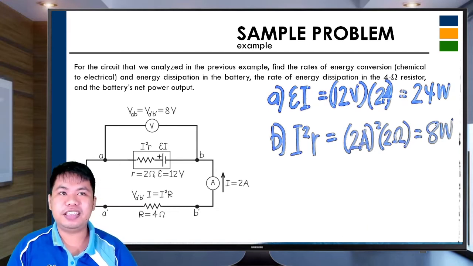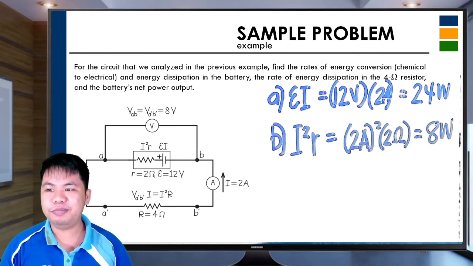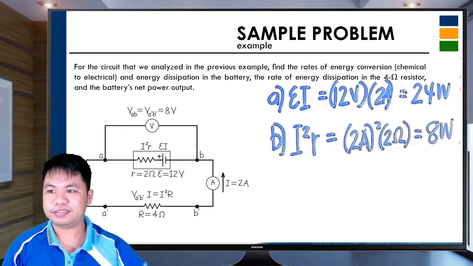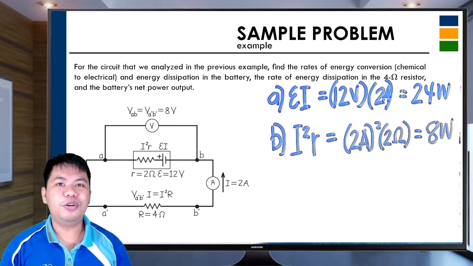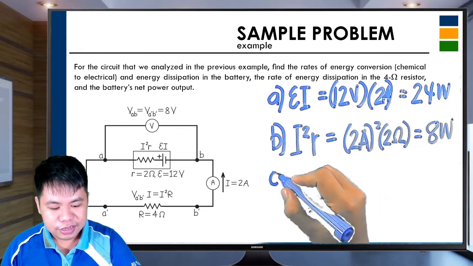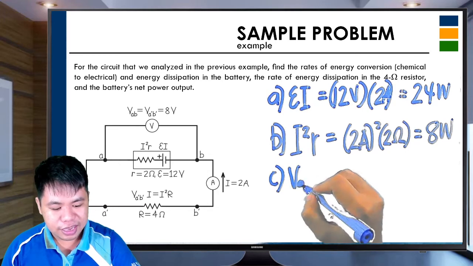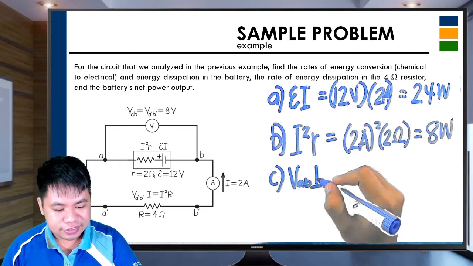Now, the rate of dissipation in the 4 ohm resistor. We are going to calculate using the formula VAB times your current.